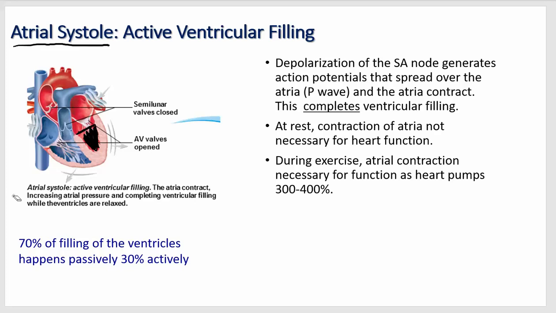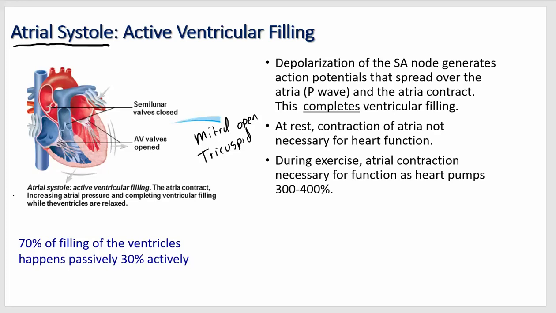So obviously, if the atria is pushing blood into the ventricle, the mitral valve on the left side and the tricuspid on the right side are going to be open. And the exit valves, which are the semilunar valves, the pulmonary and the aortic valve, are going to be closed.